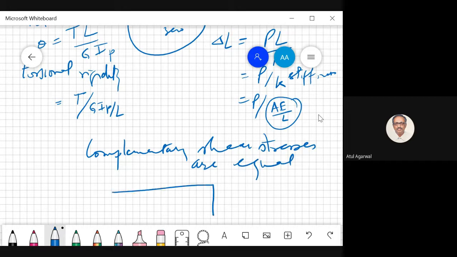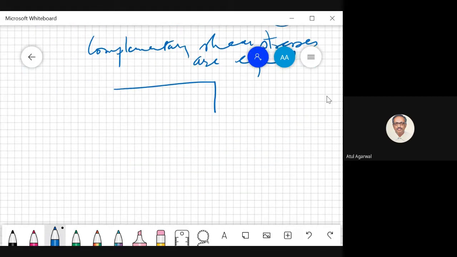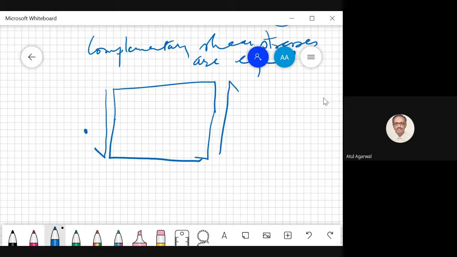Suppose you have a plane like this, you have a body like this. Now I apply a shear stress here. So there has to be a force in this direction to equilibrate against this.